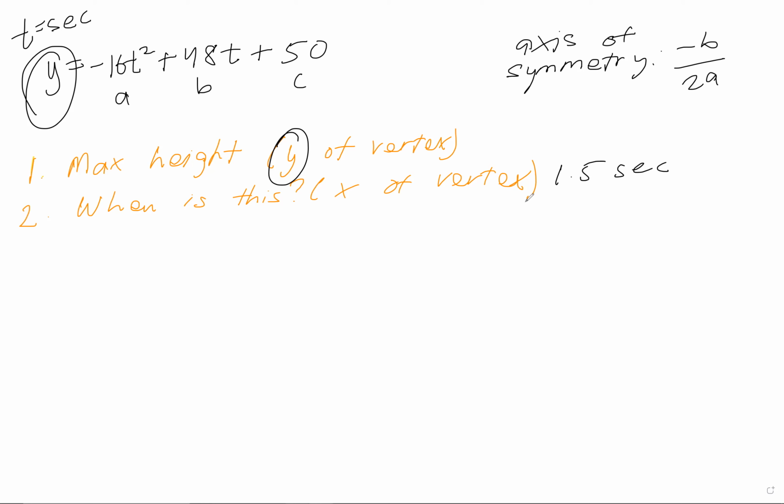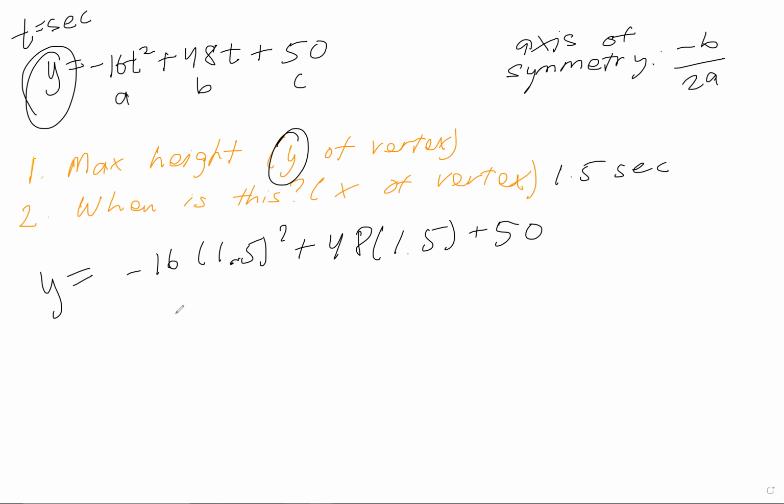Mm-hmm. Okay. Negative 16 times 1.5 squared plus 48 times 1.5 plus 50. Okay, so now figure it out. Tell me what to write.